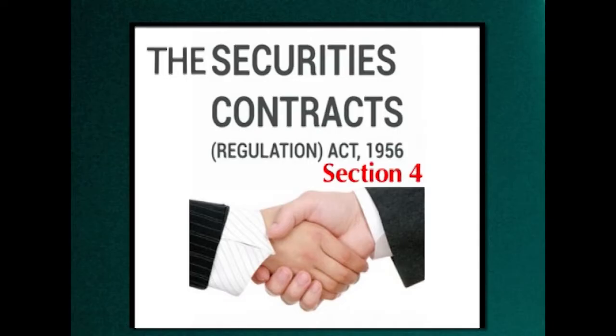The power of granting recognition to a stock exchange is vested with the central government under Section 4 of the Act. Under Section 3 of the Act, any stock exchange seeking recognition must make an application in the prescribed manner to the central government.